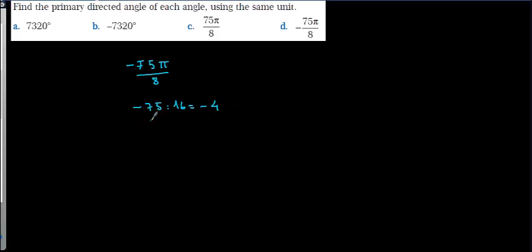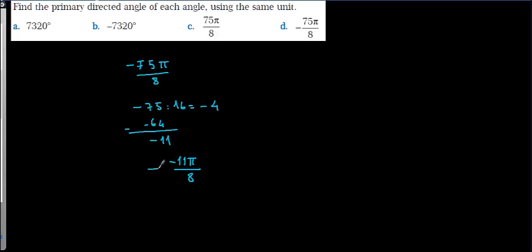Minus 64, when you subtract, is going to be equal to minus 11. The answer is minus 11 pi over 8.